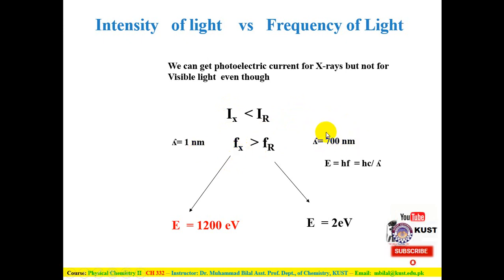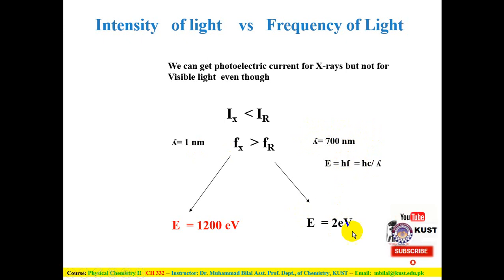As we know, one wavelength of red light is 700 nanometers. If we calculate the energy for that wavelength radiation, it will be equal to 2 electron volts.